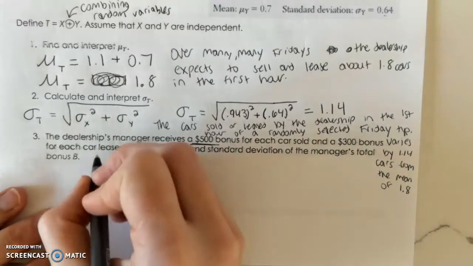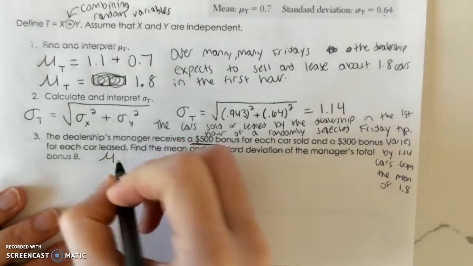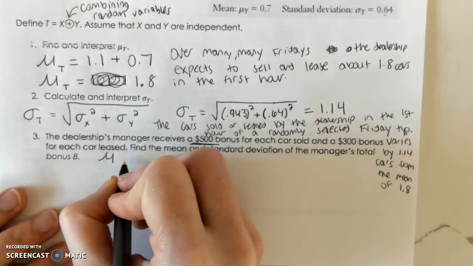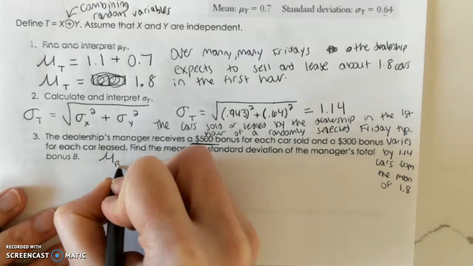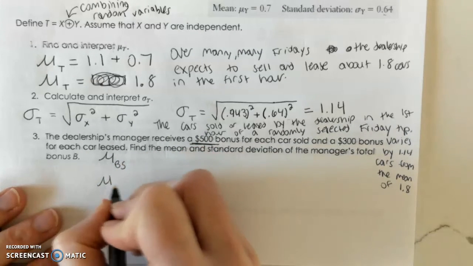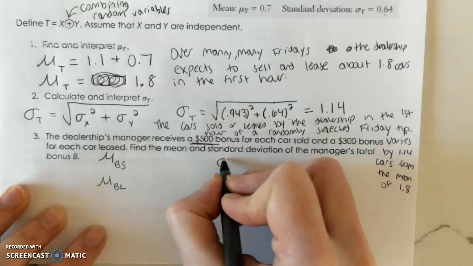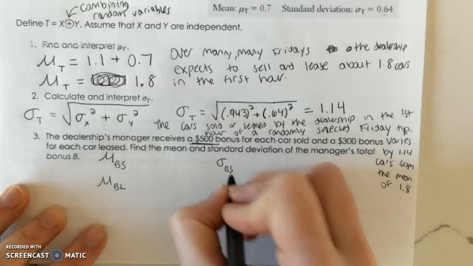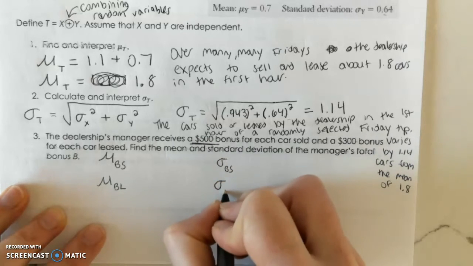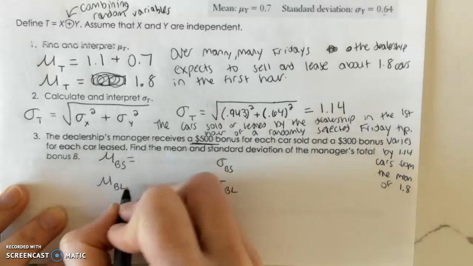So I need a mu for bonus selling, a mu for bonus leasing, a new standard deviation for bonus selling, and a new standard deviation for bonus leasing.